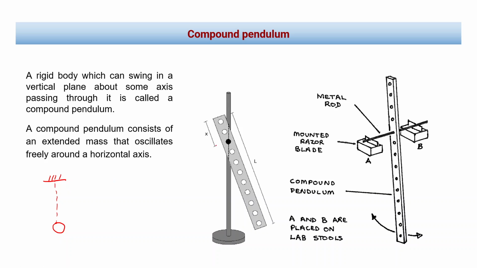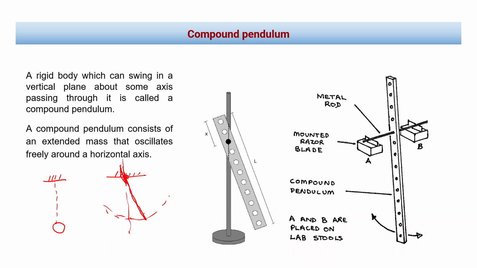Whereas a compound pendulum is a kind of body where the mass of the body is extended throughout, something like this rod. Instead of a massless string with all the mass at the end, a compound pendulum has some pivot, and say a rod is fixed here, and this rod is oscillating about the fixed mean position.